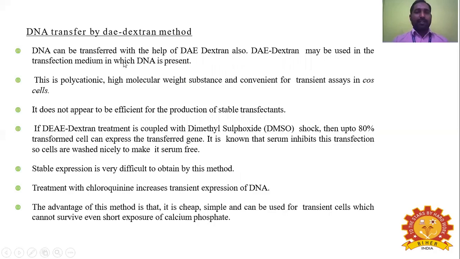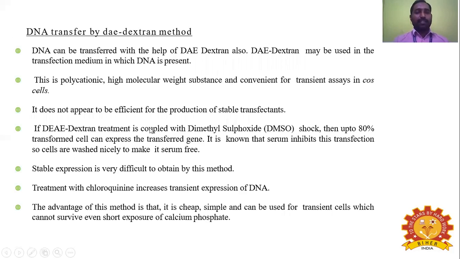This medium is widely used in transfection based methods, and it is polycationic in nature, a very high molecular weight substance, convenient for transient assays in COS cells. It is not very efficient for the production of stable transfectants, and still it has some effect on producing a sufficient quantity of transformed products.